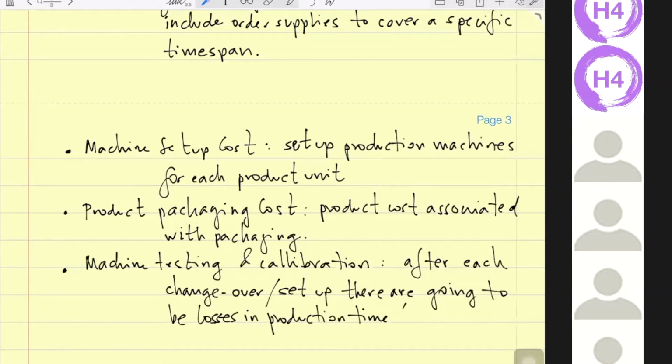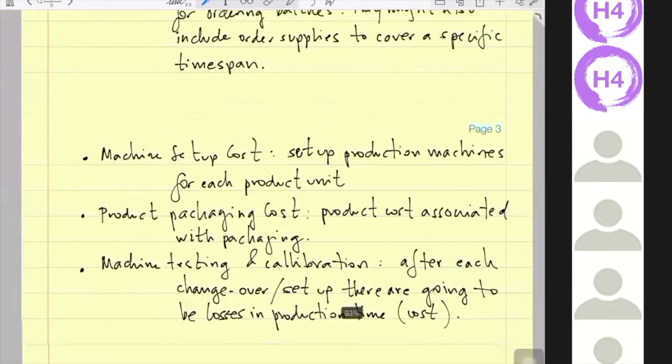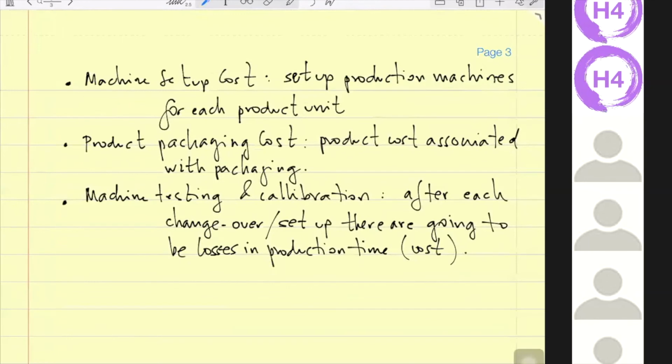These all are costs associated. Okay, I cannot associate it with each product unit. Or also machine maintenance, or cleaning costs. The list is very, very long.